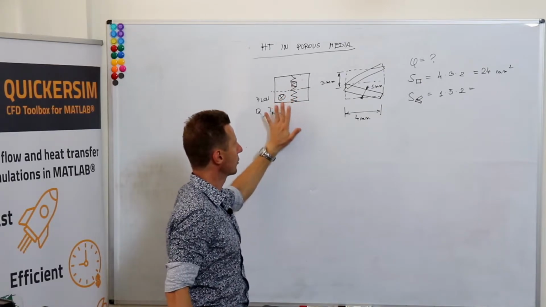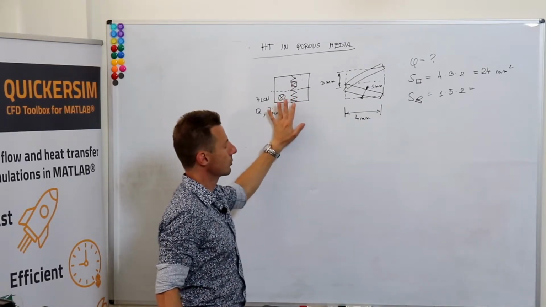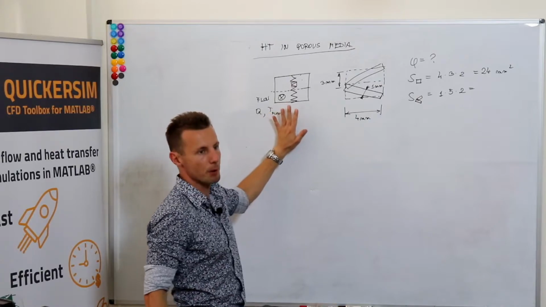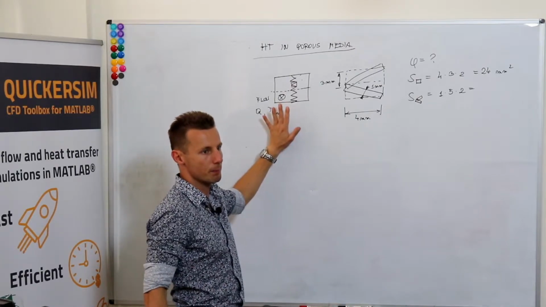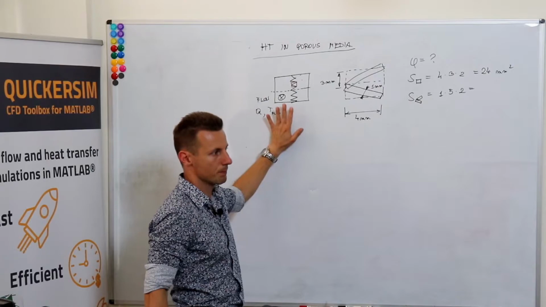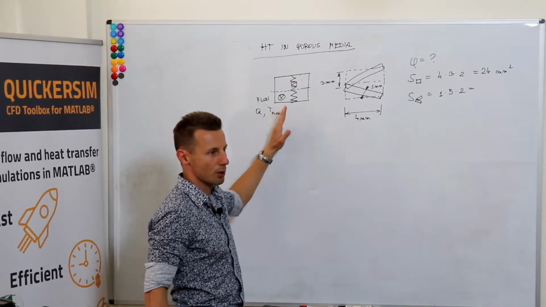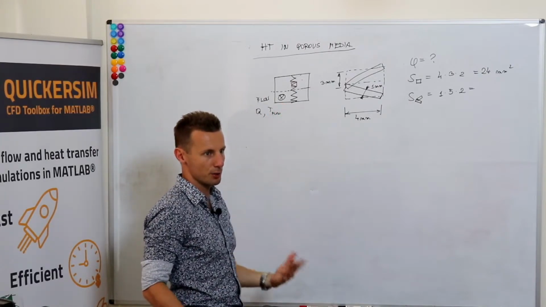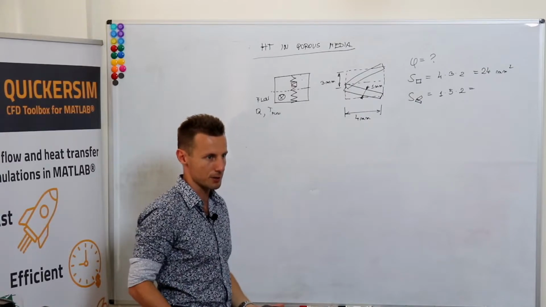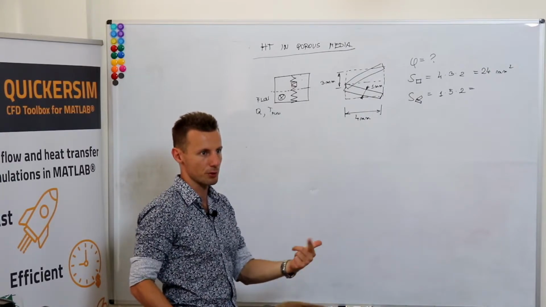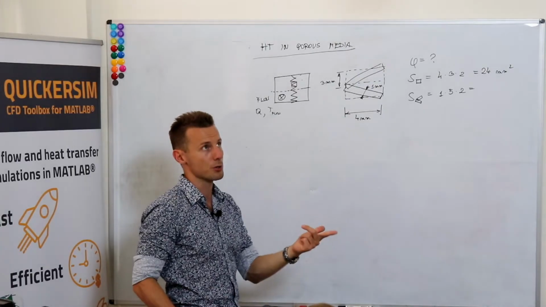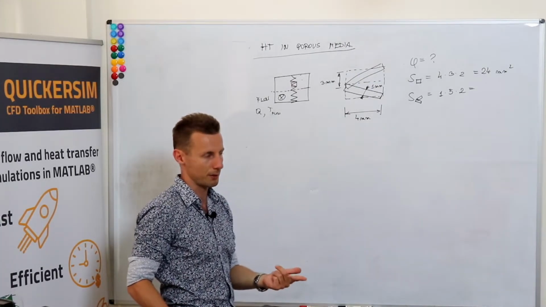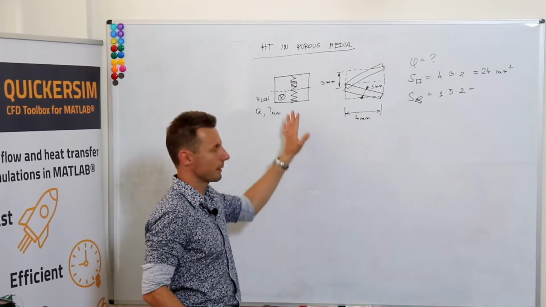What we are trying to do is develop such a heat transfer model that will hold for the porous medium, but we can solve it by our numerical methods using standard heat transfer equations. So basically the diffusion or advection equation, or diffusion with the heat source. So that's what we are aiming at.